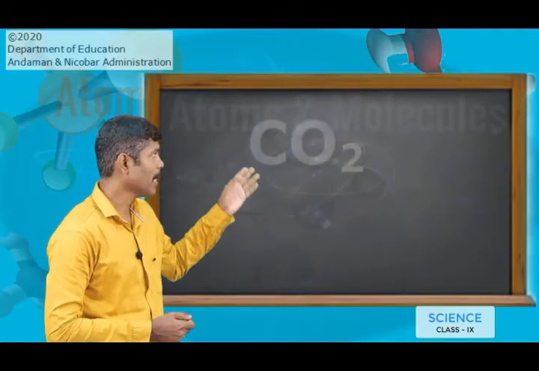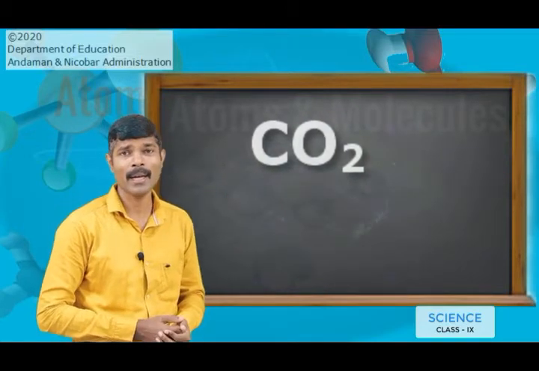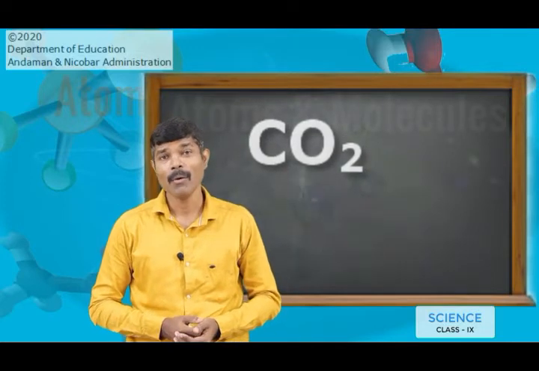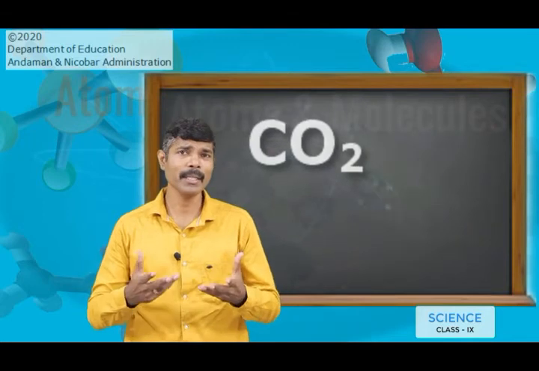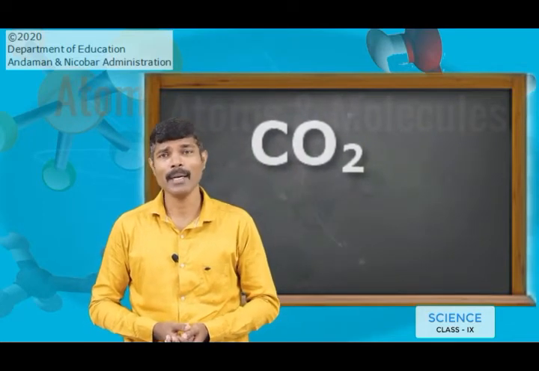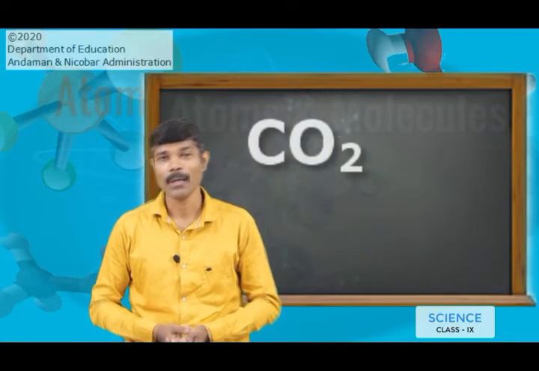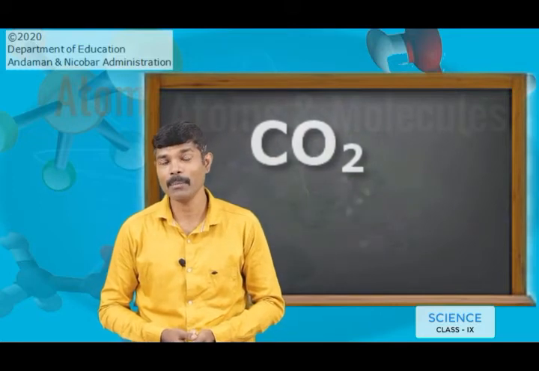For example, here carbon dioxide, CO2, from this we can easily say that in the carbon dioxide molecule, there is one atom of carbon and two atoms of oxygen. So by knowing the chemical formula, we can easily understand the number and kinds of particles or the elements present in a compound. Now we will see how the combining capacity of an element could be found out.